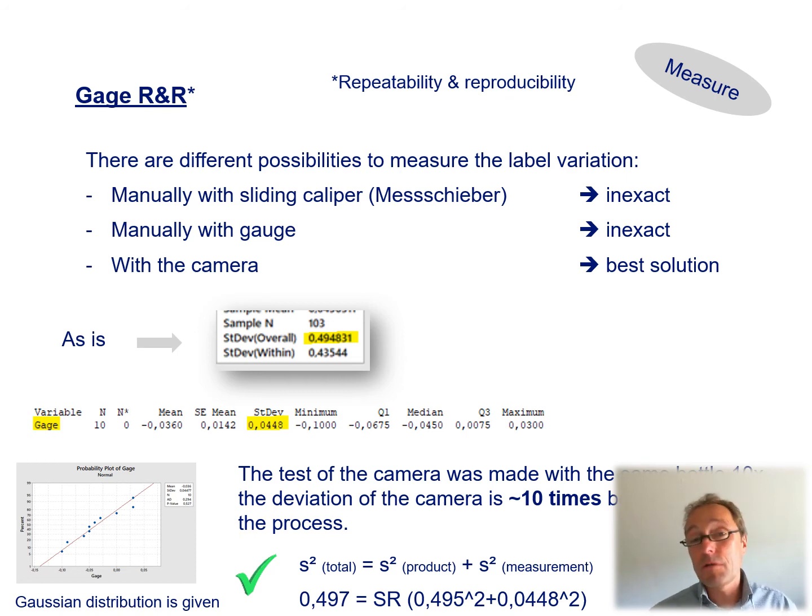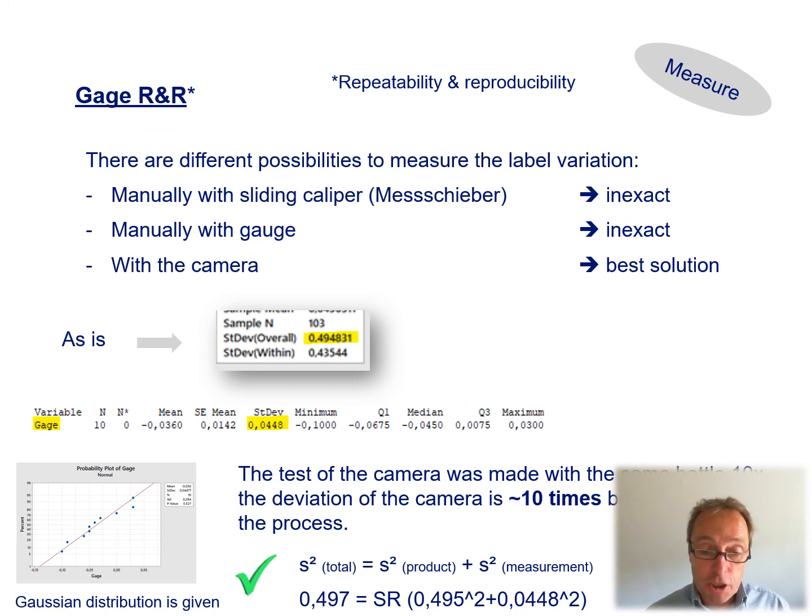In this case we could measure the same bottle with the camera, and then let's see what the outcome is. Normally the standard deviation should be 0 when we measure the same bottle 10 times, but of course it's not.